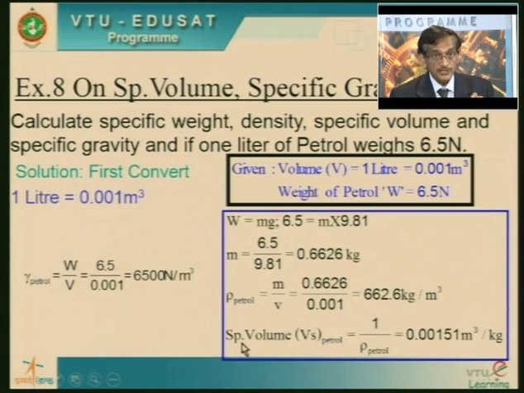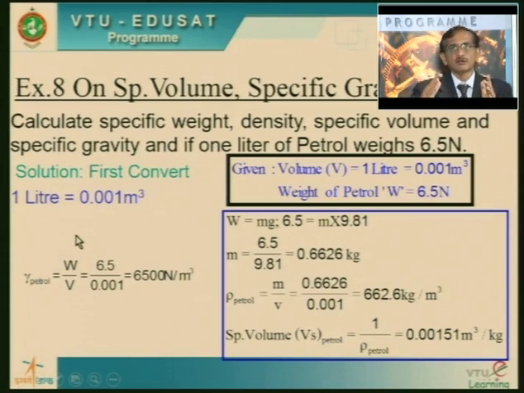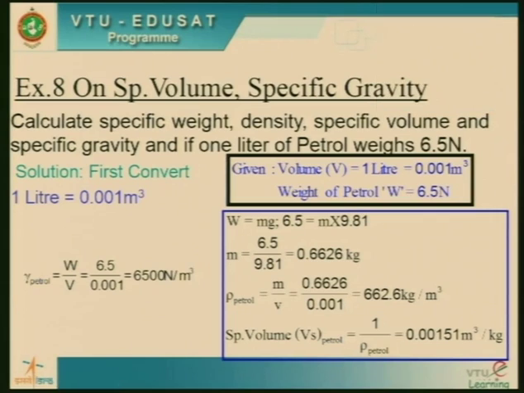And lastly he is asking you specific volume, which we calculated based on the basic definition. It is the reciprocal of the density of petrol. So, 1 by density of petrol, I get 0.00151 meter cube per kg. So, is it okay? So far we have done very fundamental problems, very simple problems, right?